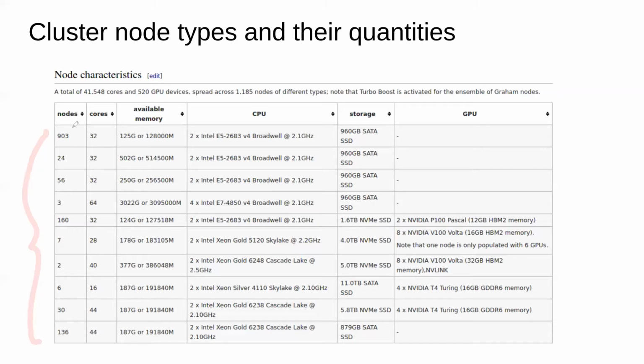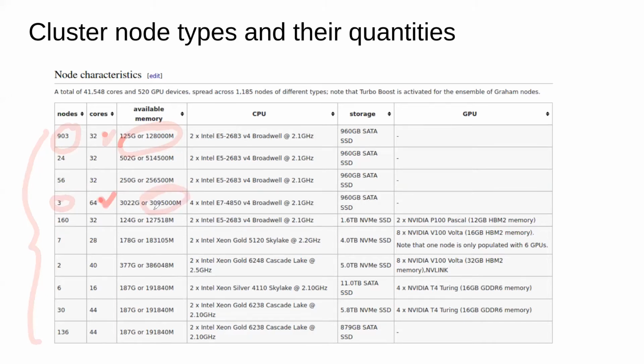So the first type of node that I think we should call the base nodes, there are 903 of them. Each one of those nodes has 32 cores and about 128 gigs of memory. And these are the major parameters that we're going to be looking at whenever we're trying to assess this. We'll notice that there are also very different types of nodes. We have a very small number, 3 nodes, where each node has 64 cores, but has about 3 terabytes of memory.